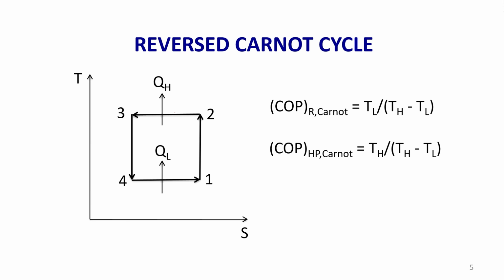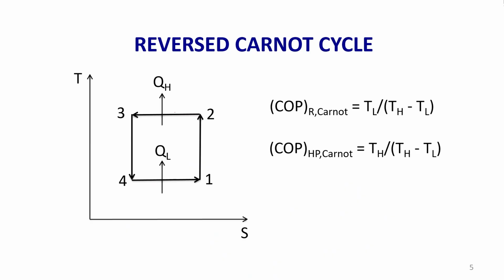If you recollect the notation which I used while explaining the Clausius statement, for the refrigerator and heat pump, we had QH and QL. For a refrigerator, the desired output is how much heat is extracted from the low temperature region. So that is QL, or in terms of temperature, TL divided by TH minus TL.